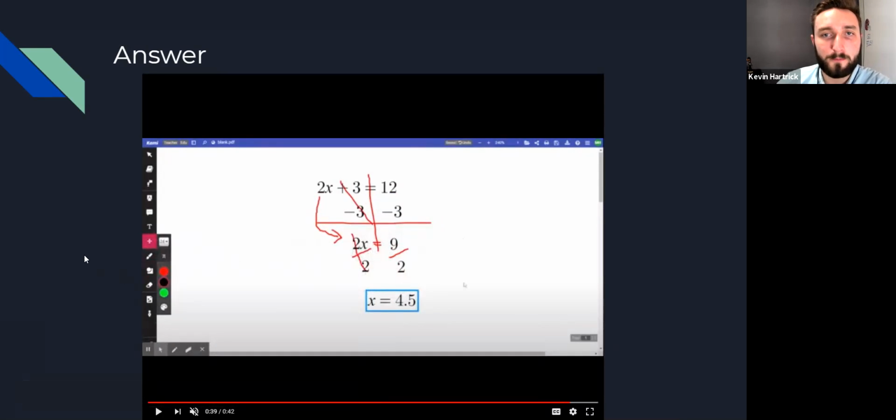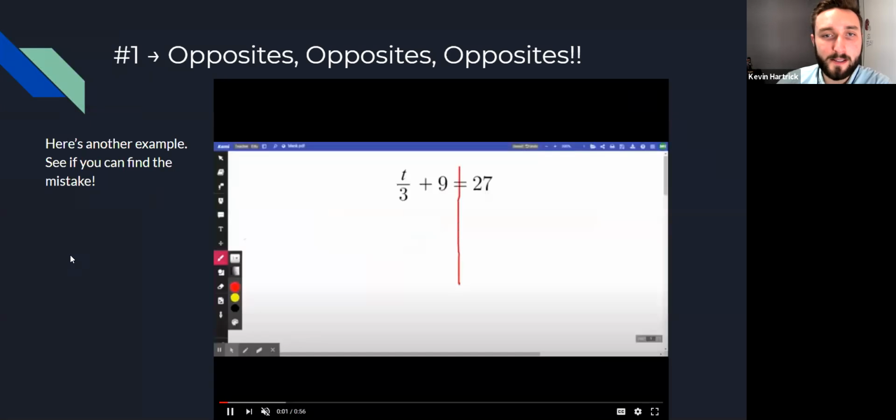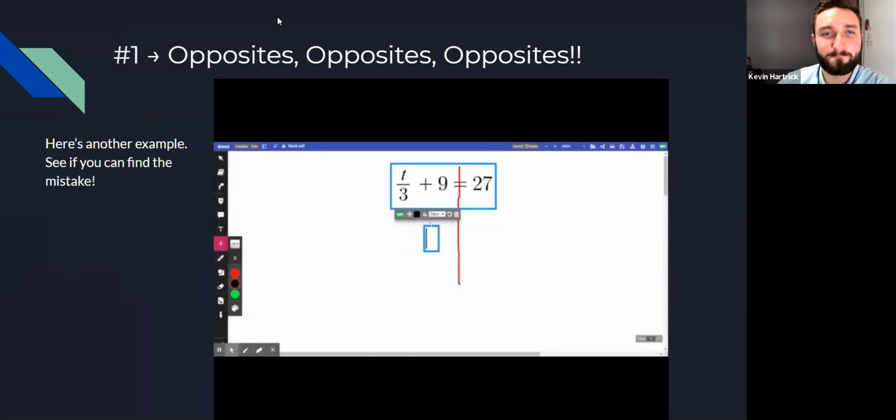Let's take a look at another example. So again, this is opposites, opposites, opposites. See if you can find the mistake in this student's answer.